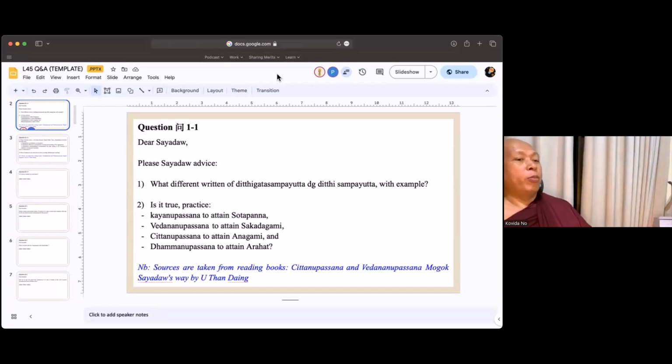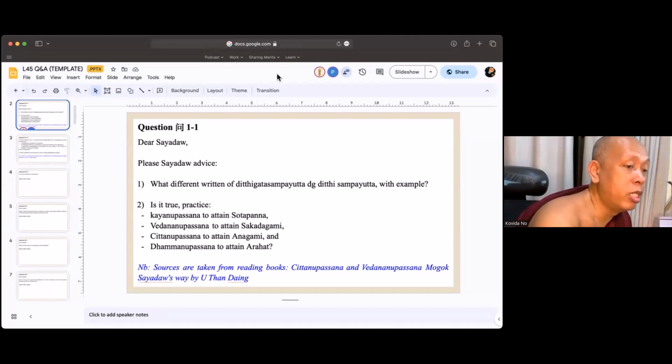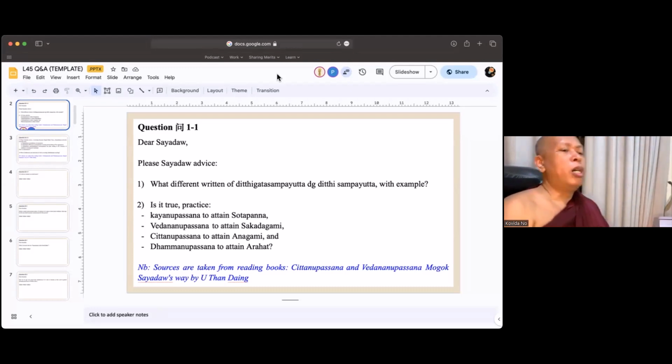There's a note from the questioner. It says the sources are taken from reading books: Cittanupassana and Vedananupassana, Mogok Sayadaw's Way by U Tin Aung. I know, this is very bad.